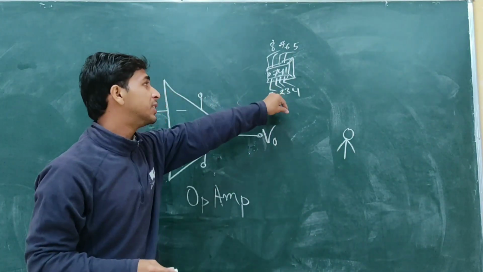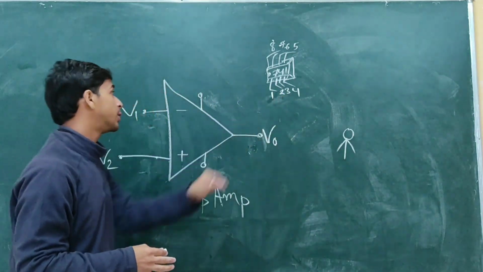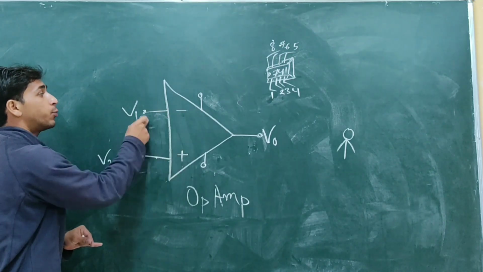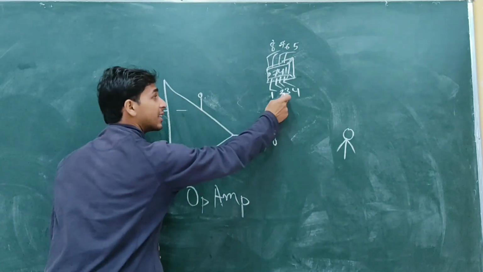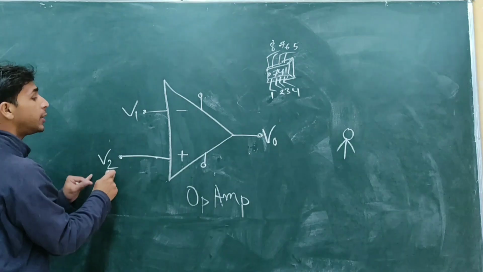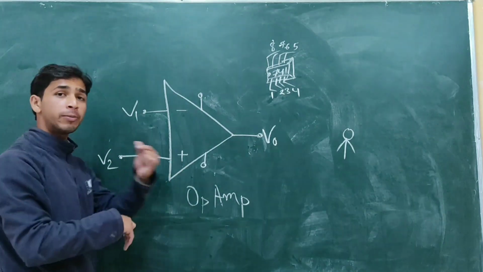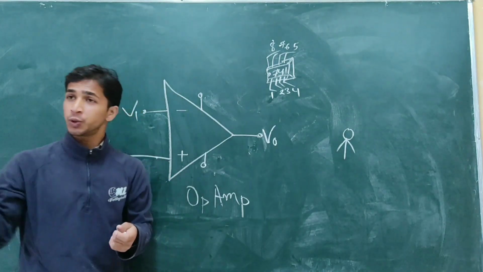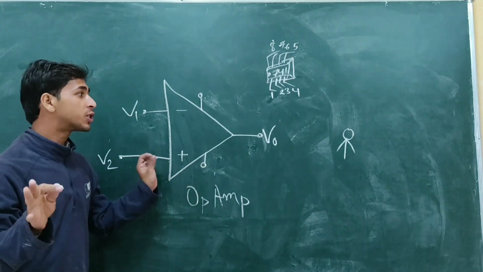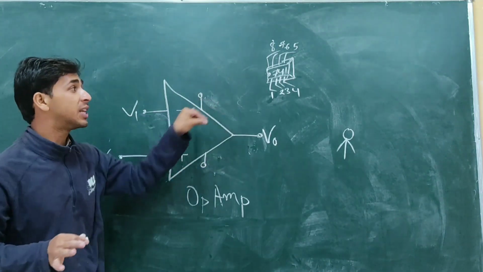Similarly, this IC's leg 2 is denoted by this negative input terminal, and leg 3 is denoted by this positive input terminal. That one is the non-inverting terminal. I will introduce you to it later. Now let's name these leg numbers.